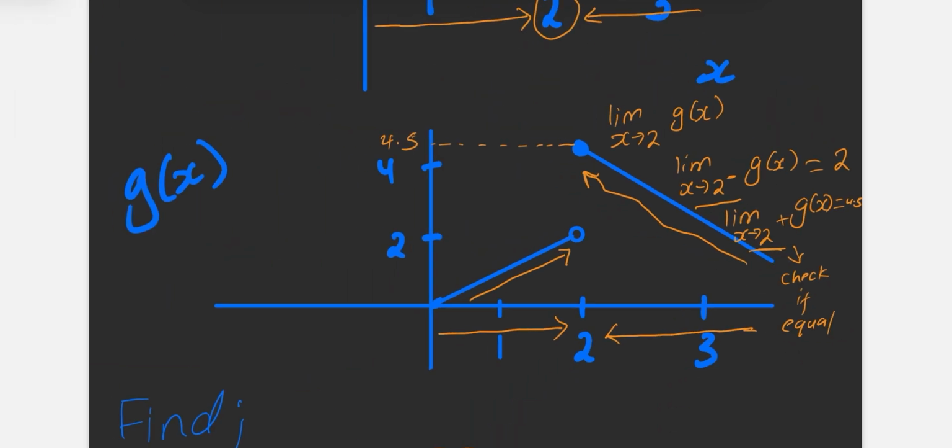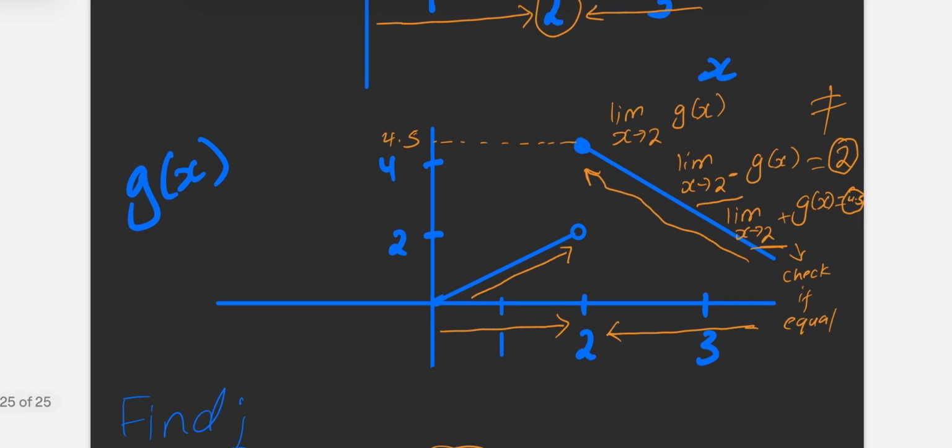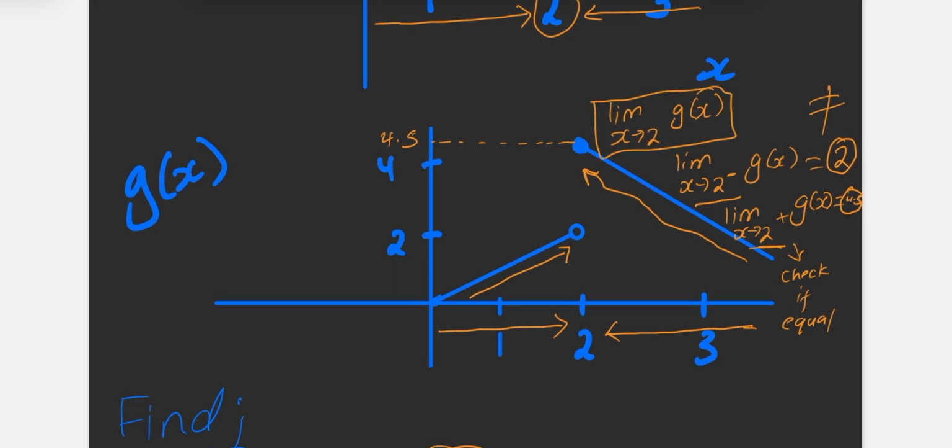So the limit as x approaches 2 from the left is 2. And the limit as x approaches 2 from the right is 4.5. They are not equal, which means this limit does not exist.